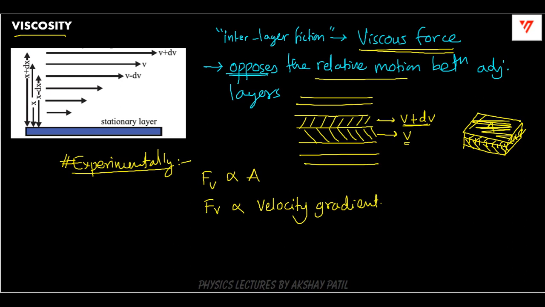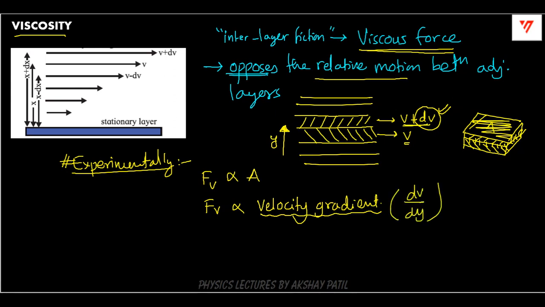As you move upwards, the velocity is increasing by a very micro change. With increasing height, the velocity is increasing. So the velocity has some gradient in the upward direction, and that is called dv by dy.